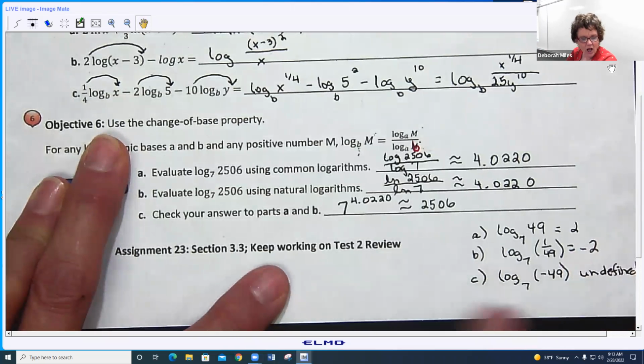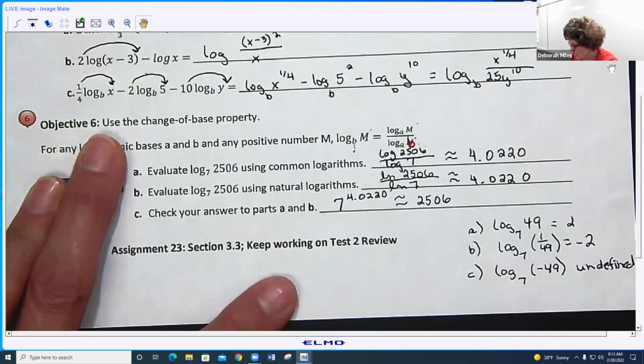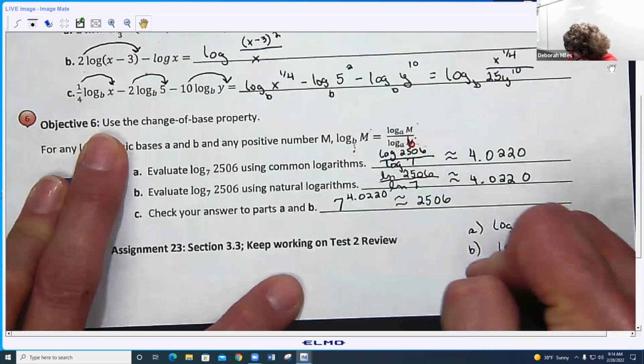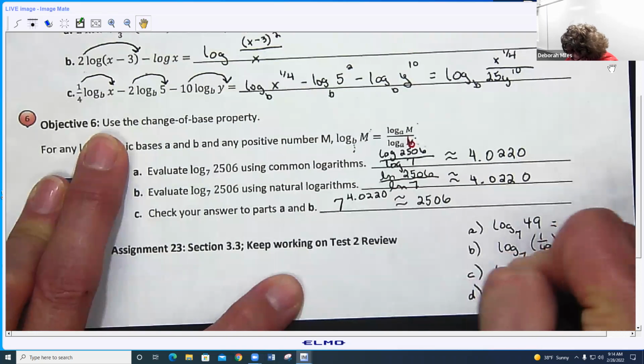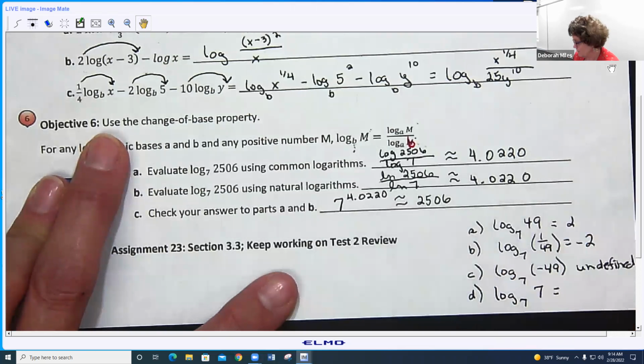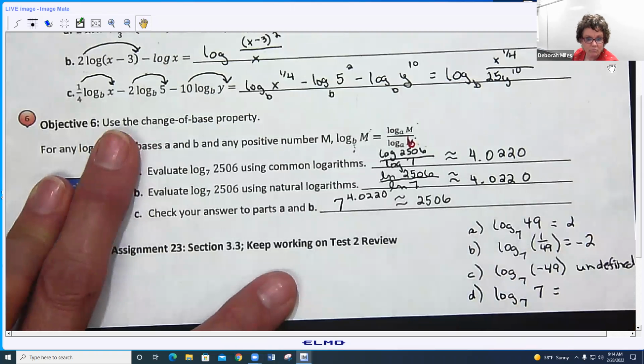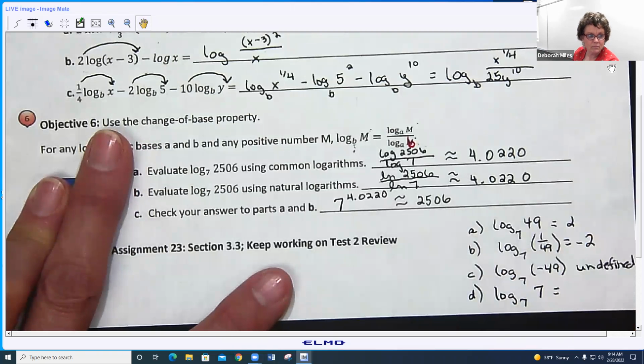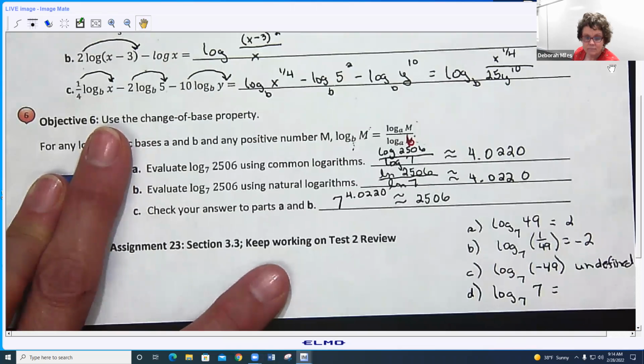You can't take the log of a negative number. And then I could do something like log base 7 of 7. What would that be? Log base anything of itself is 1.